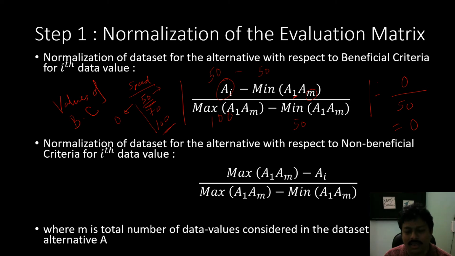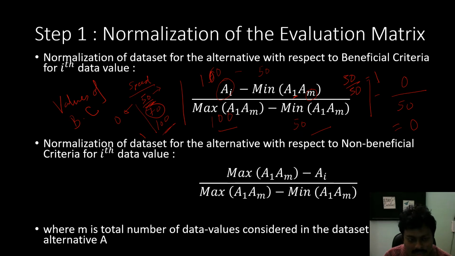But when I normalize the maximum value in this set, this is your 100, and in the denominator 50 will be there, because 100 is the maximum value and 50 is the minimum value. So 50 by 50 will be 1. And the middle value will be some value between 0 and 1.